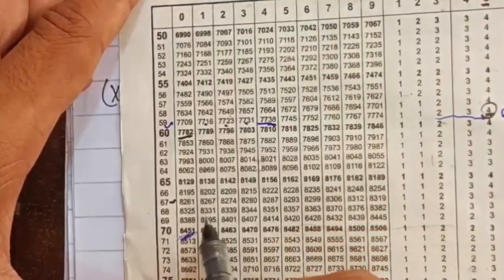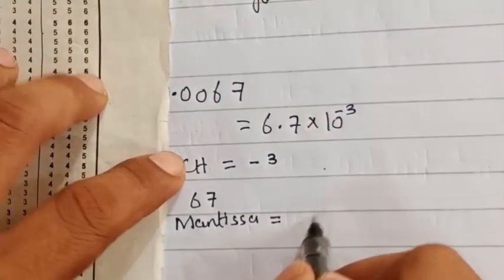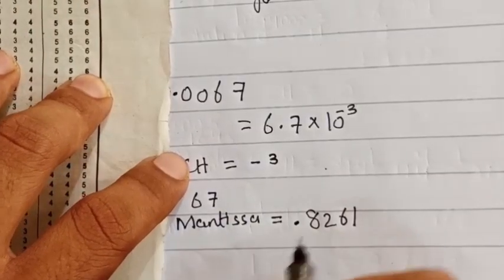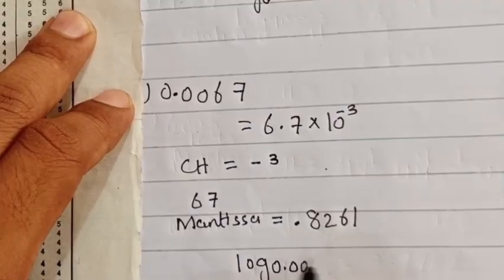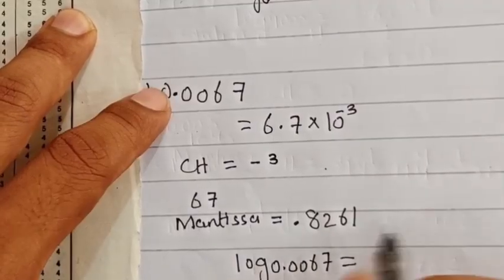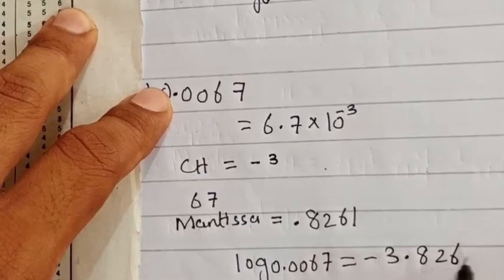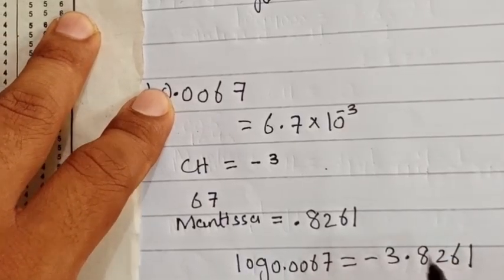So I will find out its value. The value is 8261. So my mantissa is 8261. In logarithm form, log 0.0067 is equal to minus 3.8261, and this is my answer.